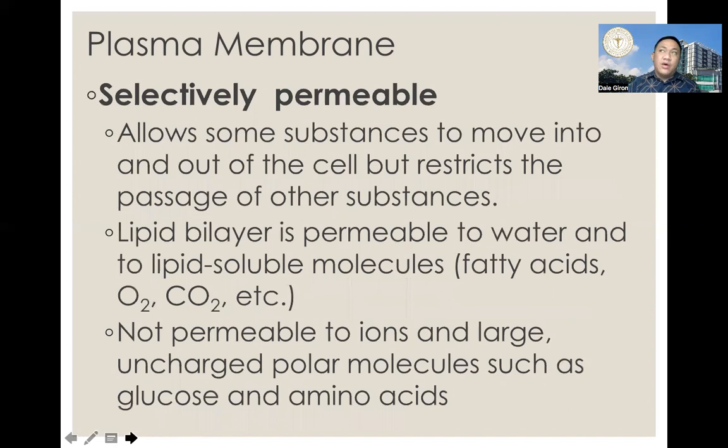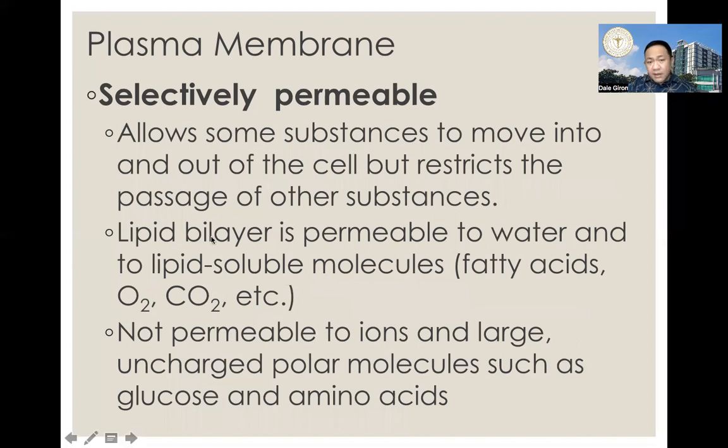Now, in all books about the cell, or any anatomy and physiology books, the plasma membrane is selectively permeable. By definition, it means it allows some substances to move in and out of the cell, but it restricts the passage of other substances, usually large substances.